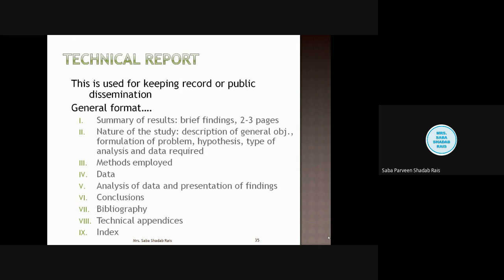It is a very detailed report of whatever has been done. Even each and every method has been written in a detailed way. And when we see its body, the report body, it has many chapters.